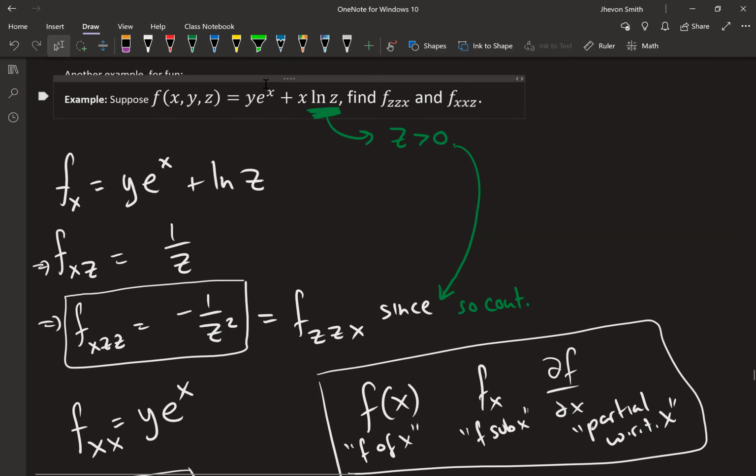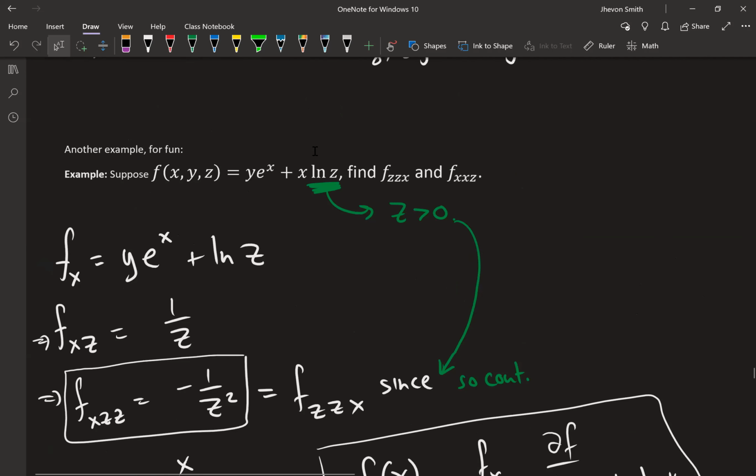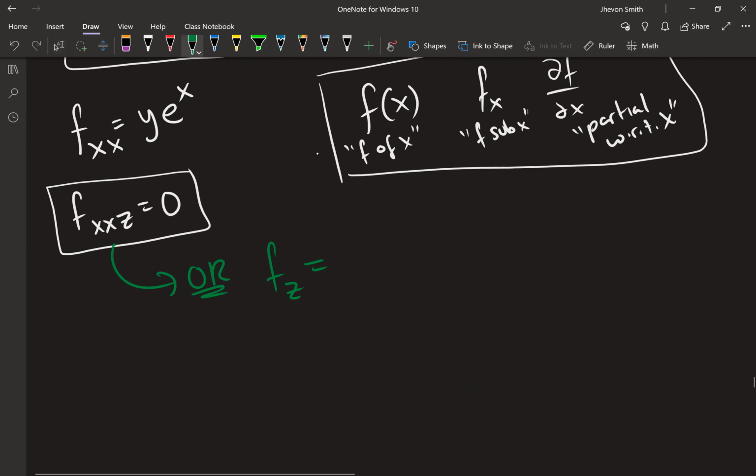That means you could immediately eliminate this guy. And then here you would have gotten x over z. Then you do f sub zx, which gives you the 1 over z. I mean, it still worked out, so you have to do it 3 times.